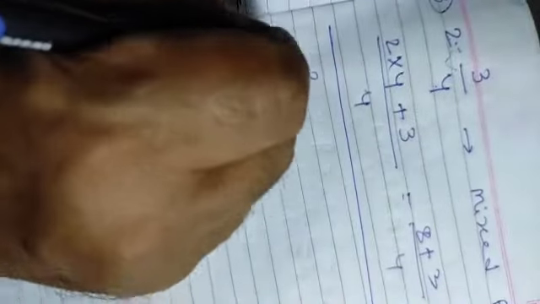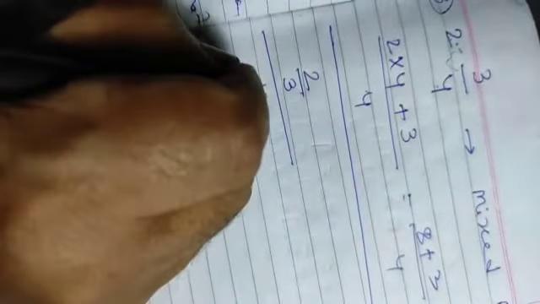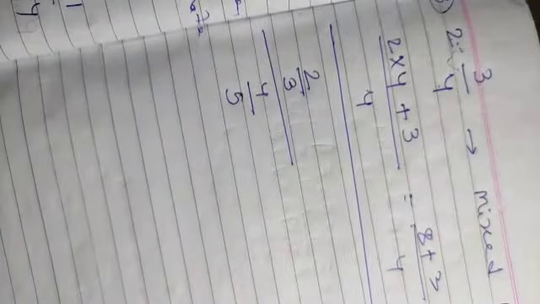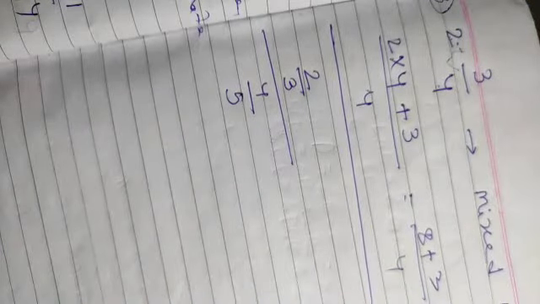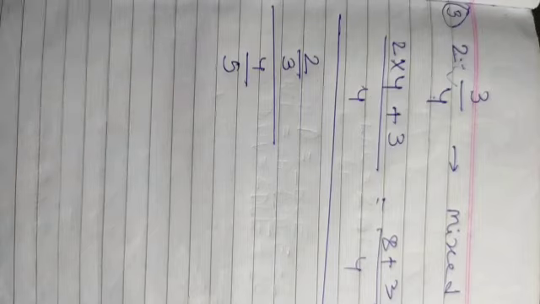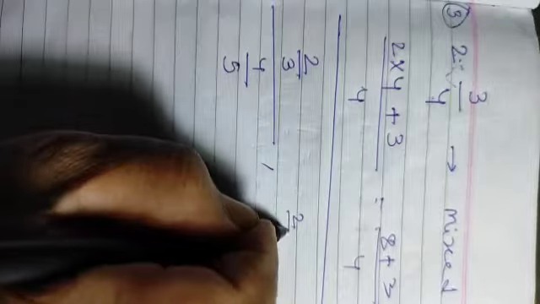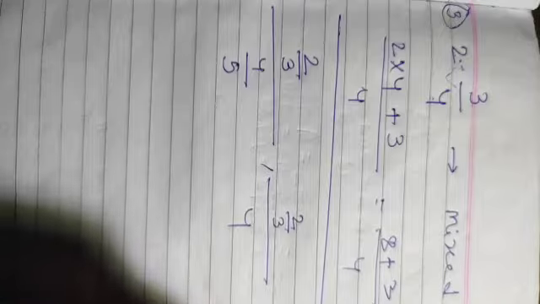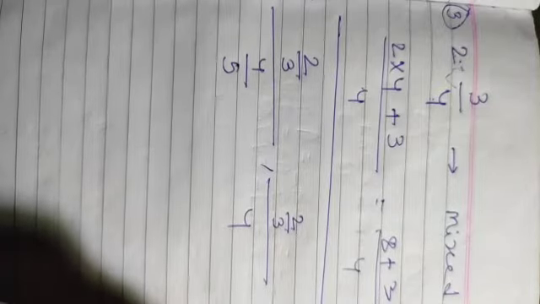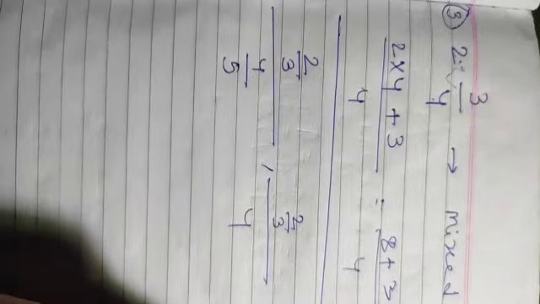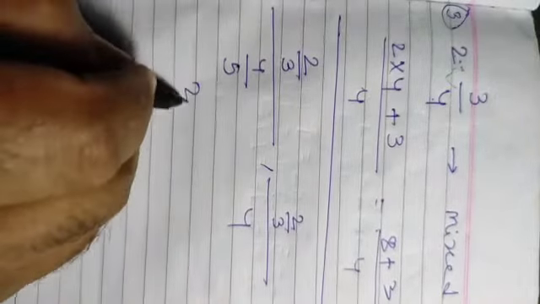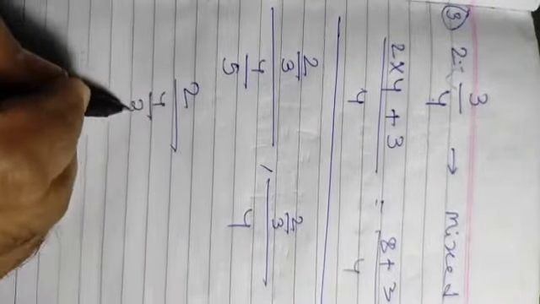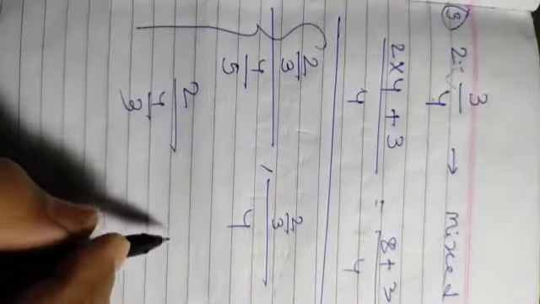Now sometimes we write 2 by 3 by 4 by 5. See, the numerator is also in fraction and the denominator is also in fraction. Such type of fraction, or simply 2 by 3 by 4, or 2 by 3 by 3, or 2 by 4 by 3, all are what type of fraction?